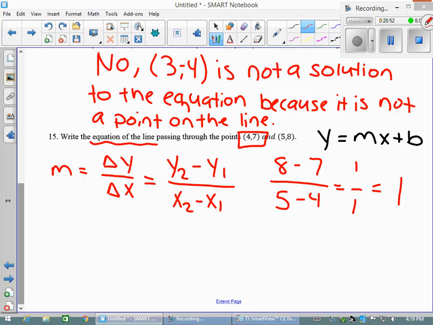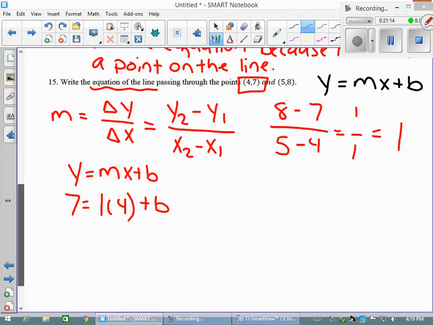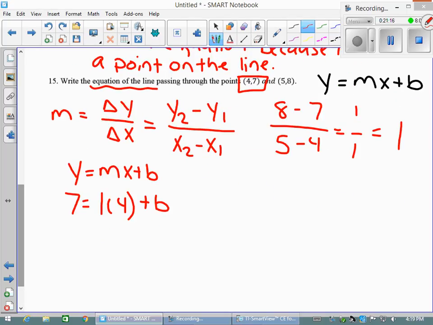For y, I'm going to substitute in my point 7. My slope, my m, I found is 1. For x, I'm going to plug in that value of 4. And then I want to solve for my b value. 1 times 4 is just 4, plus b is 7. Again, I'm going to subtract this 4 over to get my b value of 3.